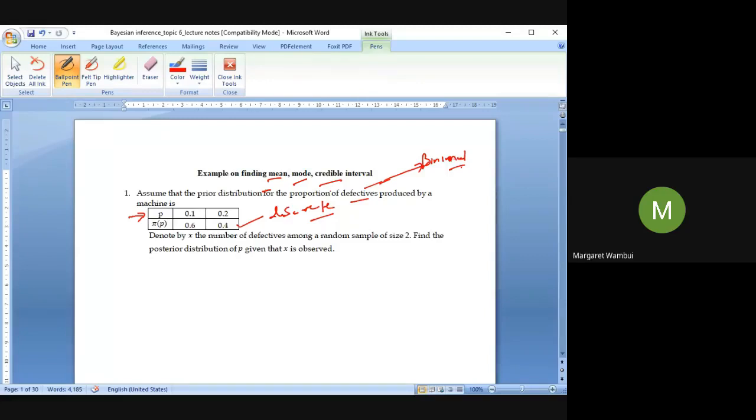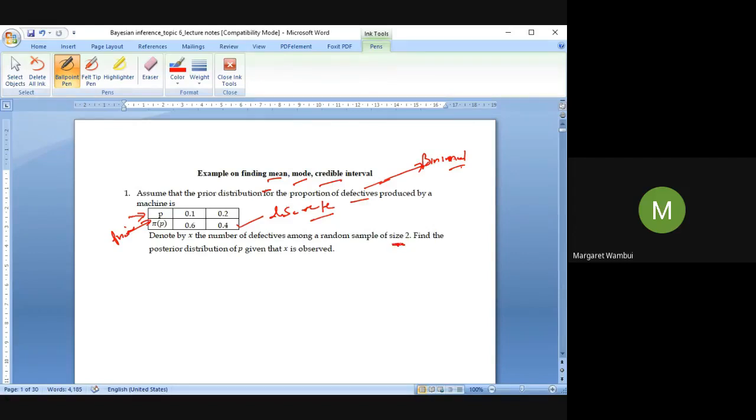Now the corresponding prior values are given, because this is now prior. When P is 0.1, then the prior is 0.6. When P is 0.2, then the prior is 0.4. Denote by X the number of defectives among a random sample of 2.